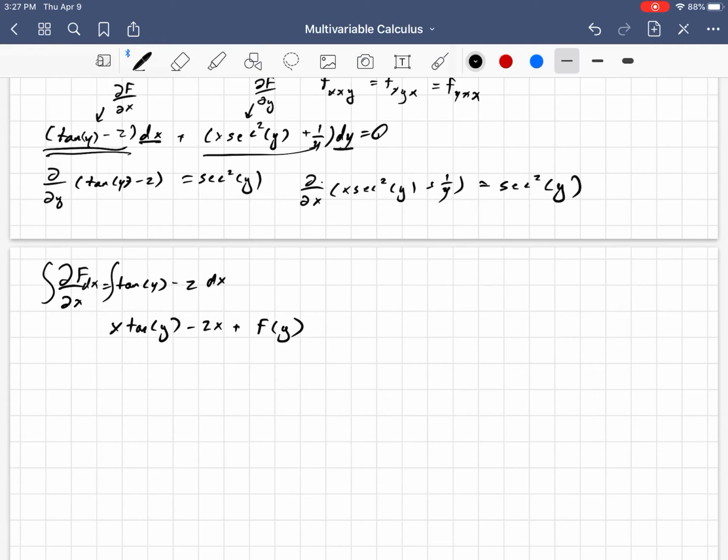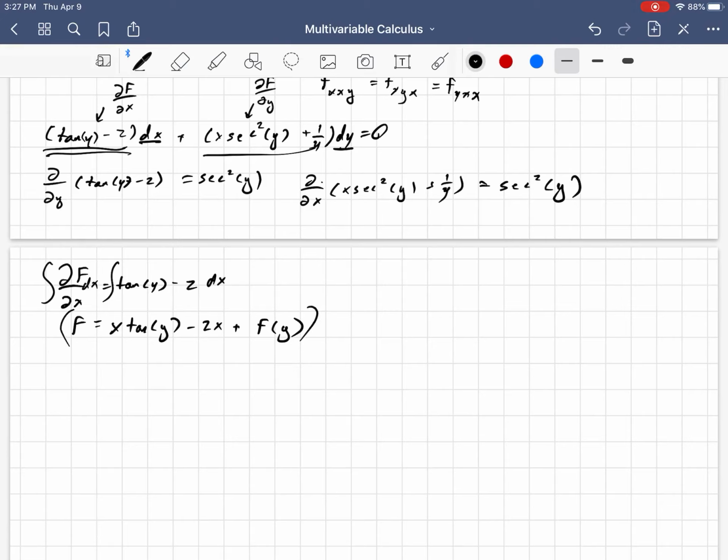Now, why did I write f of y and not just plus c? I wrote that because when we're partially differentiating with respect to x, any function of y is treated as a constant. So a function solely in terms of y is the same as adding a constant. That's why I add the f of y. So this is our function f, but we need to find what this little f of y is.